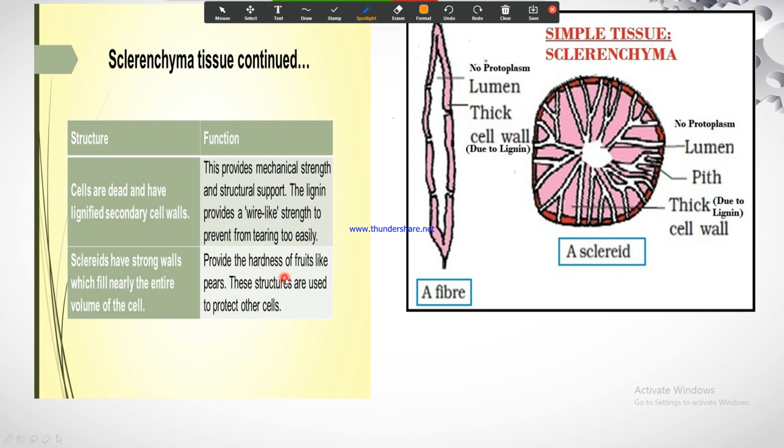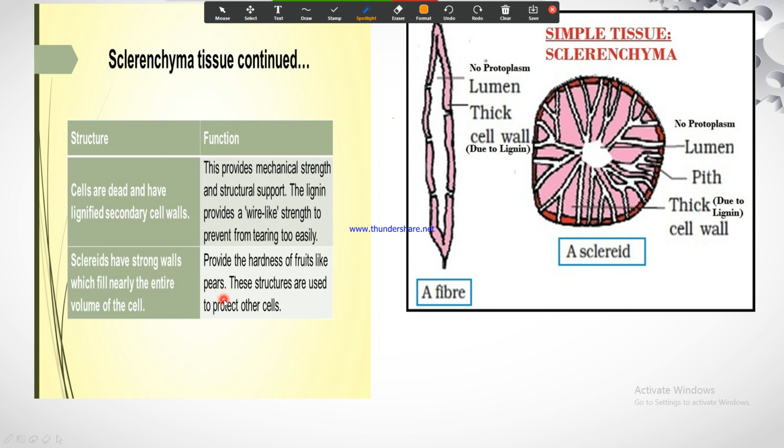They provide the hardness of fruits like pears. These structures are used to protect other cells. Another important thing you should remember: some sclerenchyma cells are present in crunchy fruits. Pear is hard to bite, so you can feel the crunchy sound.